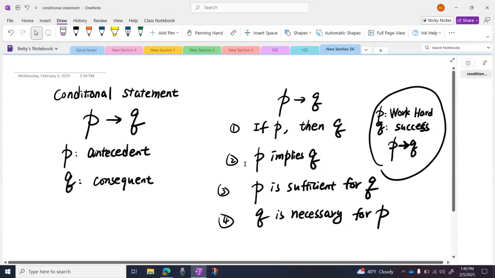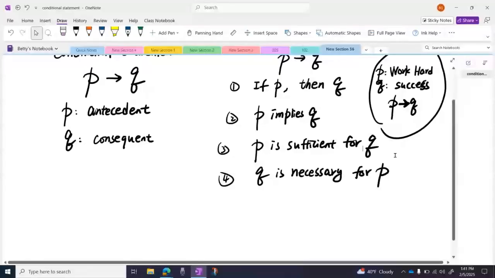That's the first way. We can also translate this as: if you work hard, then you can be successful, as hard work implies success. If you work hard, then success will be a result. So P implies Q. Hard work implies success. So far so good.